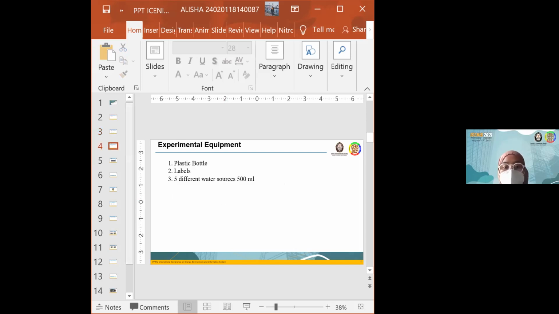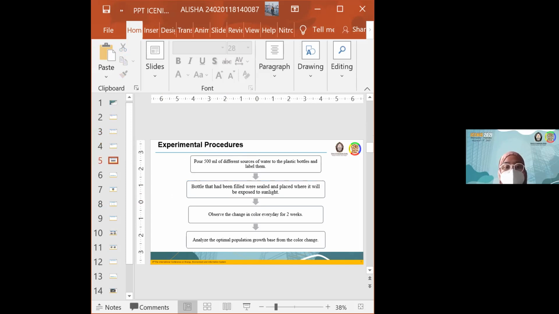In this research, we use a modified closed photobioreactor in a simple experiment. For equipment, we use 5 used plastic bottles, labels, and 5 different sources of water with a volume of 500 milliliters. For the procedure, first we pour 500 milliliters of different sources of water into the plastic bottles and label them.